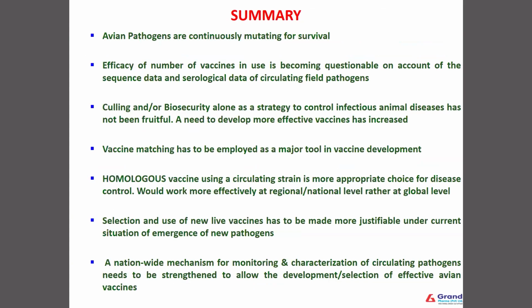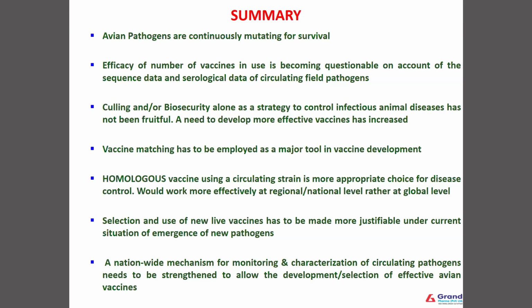Just to summarize, I think we still believe that avian pathogens are continuously mutating to survive. This is the law of survival of the fittest, so we will continue having these challenges in future as well.